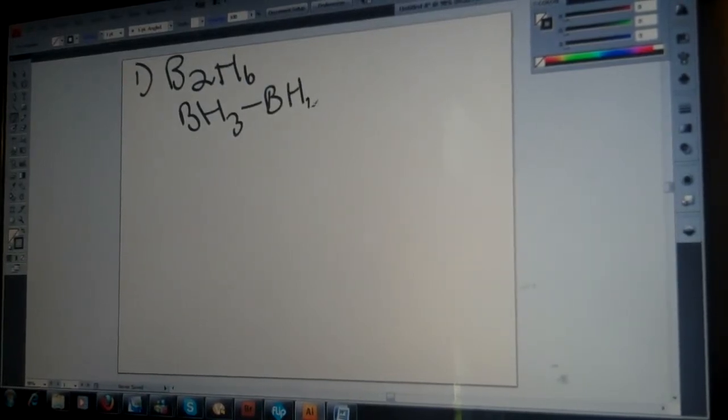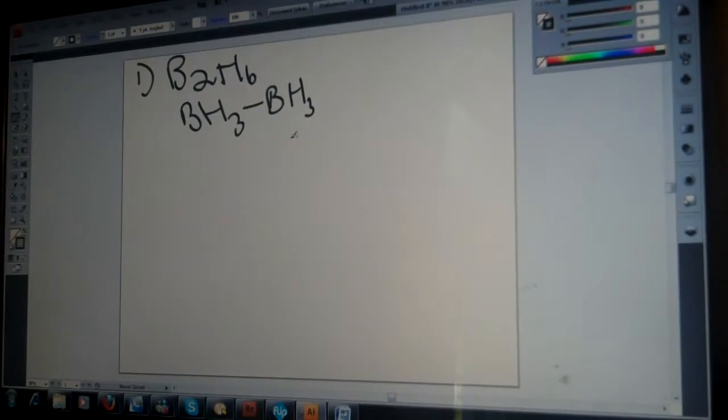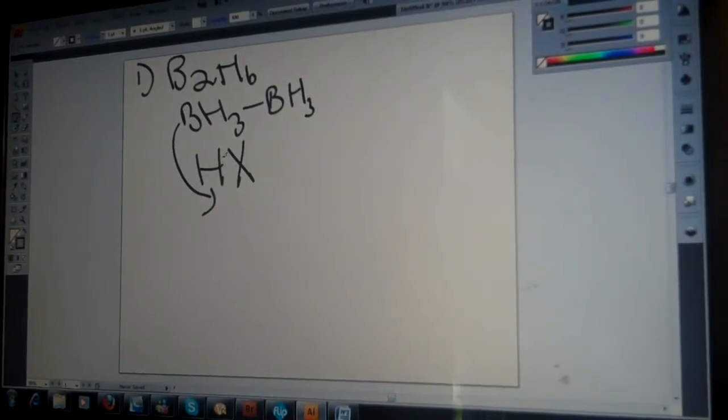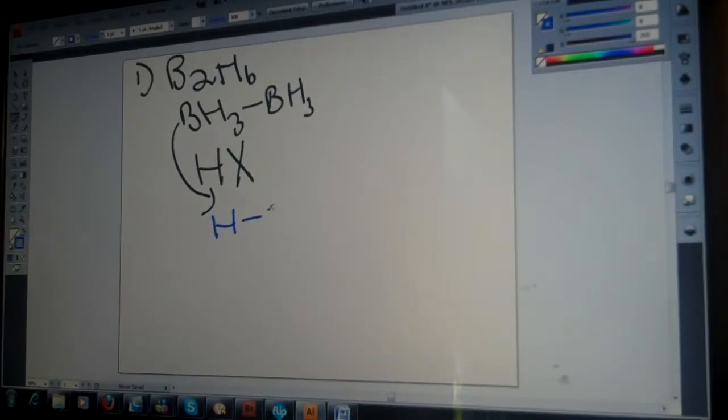And because the Markovnikov or anti-Markovnikov rule takes place with a hydrogen halide, you have to get one of these BH3s to look like a hydrogen halide. So we'll put a hydrogen here and say that it's attached to a BH2, which is the same as saying BH3.